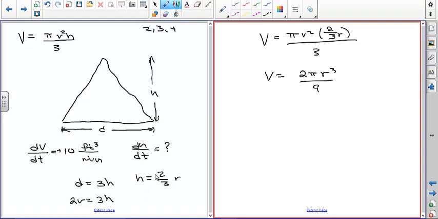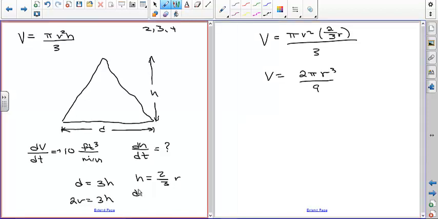Maybe I should have solved for h, but it doesn't matter. If I take the derivative, dh/dt is going to be equal to 2/3 dr/dt. There's no tricky differentiation. So once I get dr/dt, I can then get dh/dt. So we'll just keep it at r.